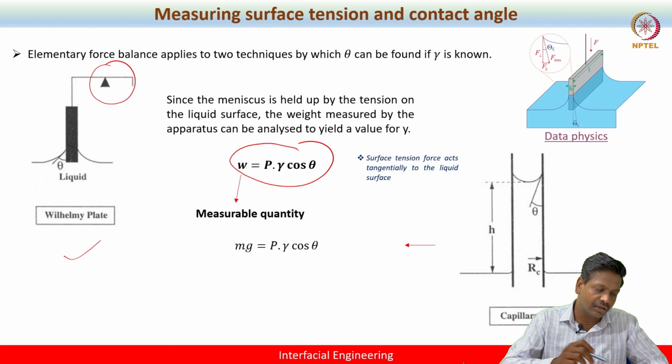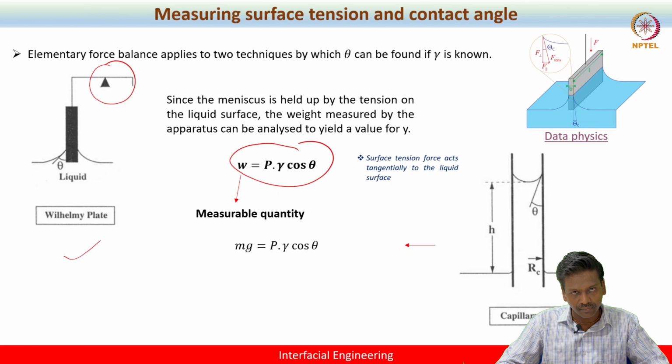Then when you introduce the plate and it exactly touches the liquid surface, you will see that there will be a meniscus, because the liquid shares greater affinity with the solid. So there will be capillary rise, because of which the water will try to climb up the surface.